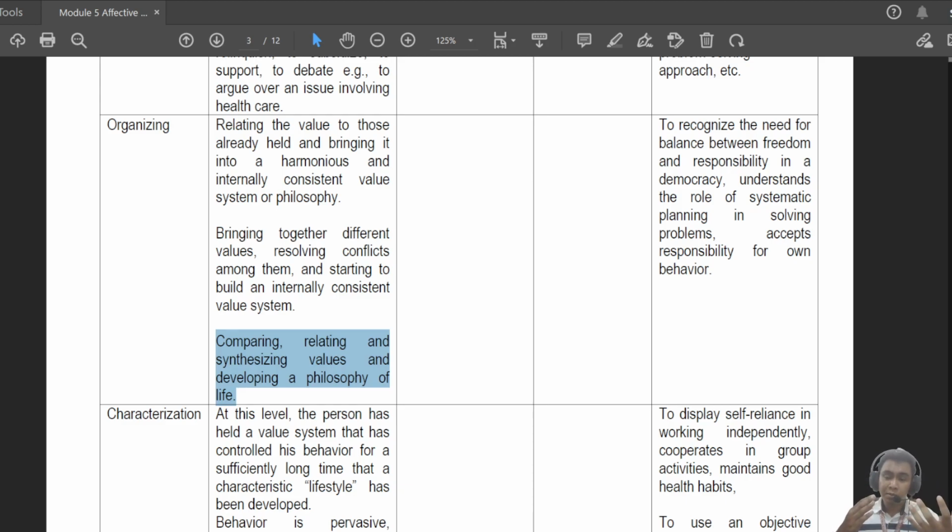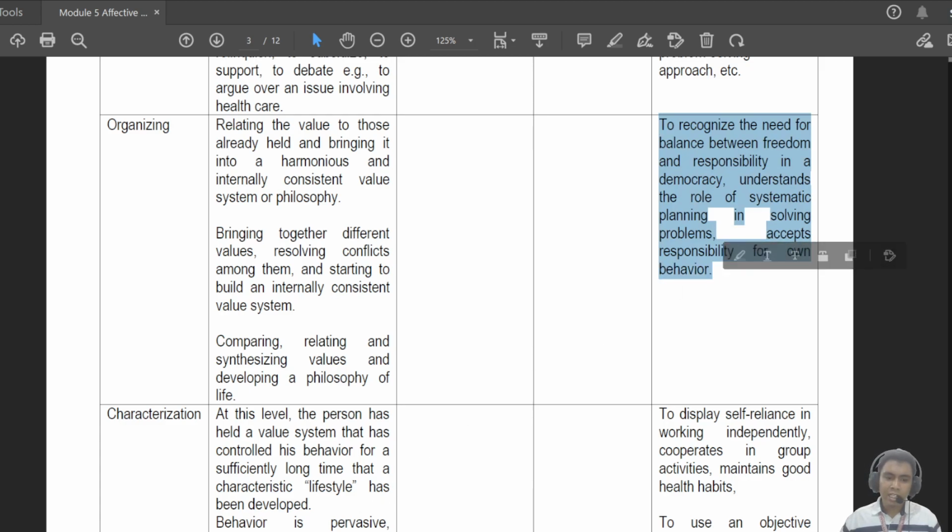Your goal is to eliminate the fake information that your students have gathered. Okay? Para mangibabaw yung purely facts lamang. Okay? So, now, an example of objective here, as said by Corpuz Salandanan, is this: to recognize the need for balance between freedom and responsibility in a democracy. Freedom and responsibility.